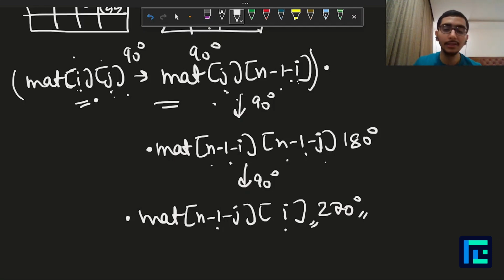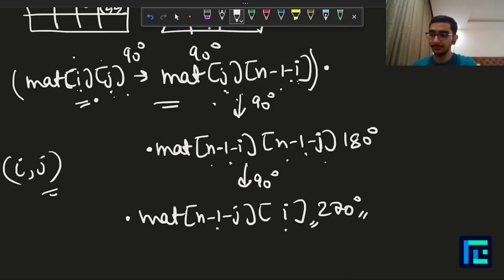And if we are able to maintain this condition for every i comma j in the matrix, then we can say yes, no matter the rotation, we will have the same matrix.